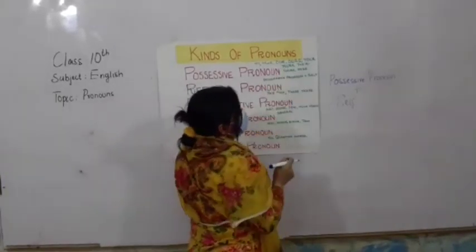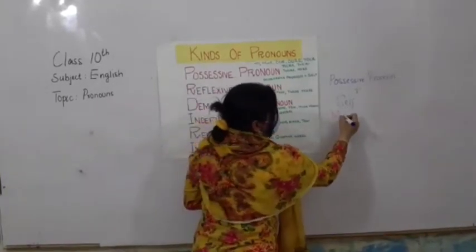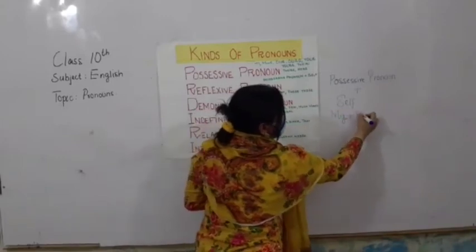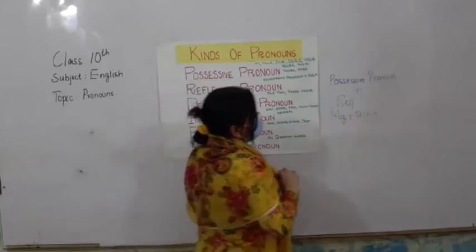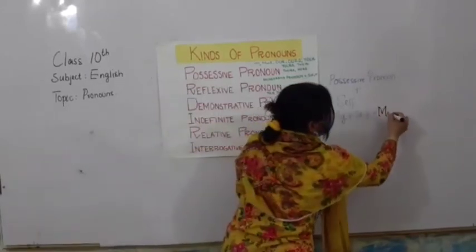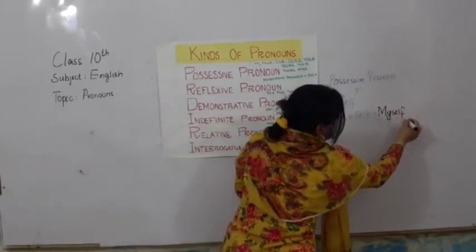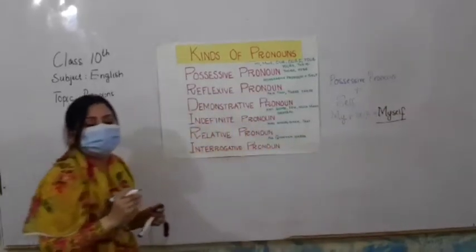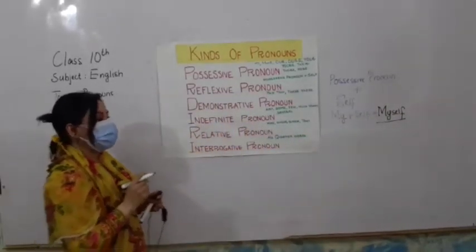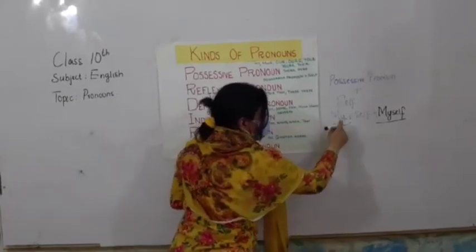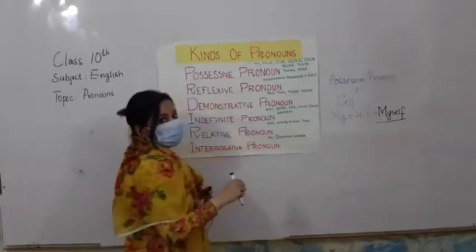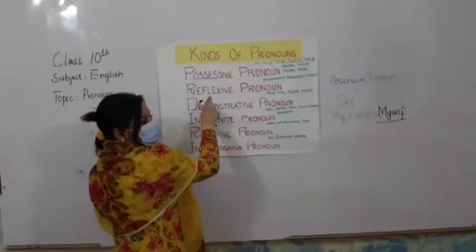Possessive pronoun my plus self is equal to myself. This becomes a reflexive pronoun. What we have from a possessive pronoun plus self, we get a reflexive pronoun.